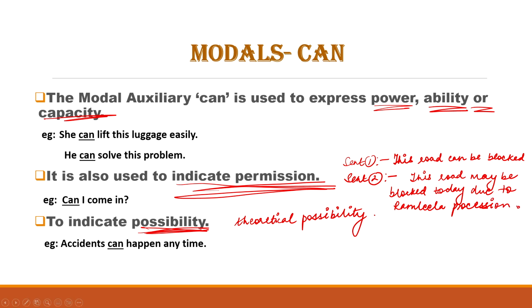Now, sentence 1 indicates a theoretical possibility, though nobody has blocked it at present, whereas sentence 2 indicates a factual possibility that the road may be found blocked due to Ram-Leela procession. Fine. So, it indicates a theoretical possibility. For example, accidents can happen in time.